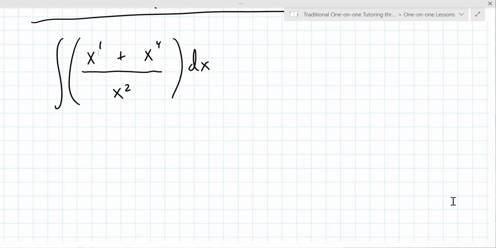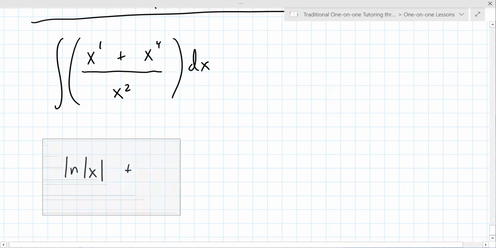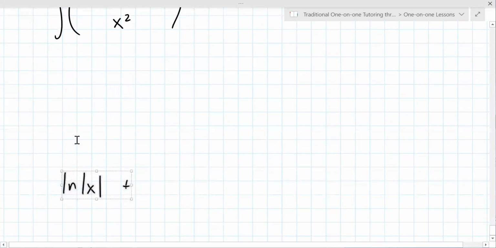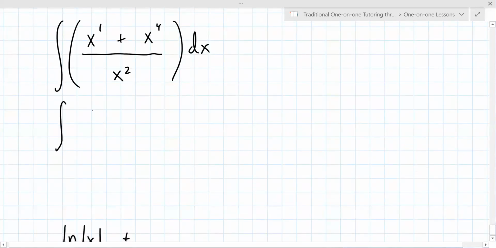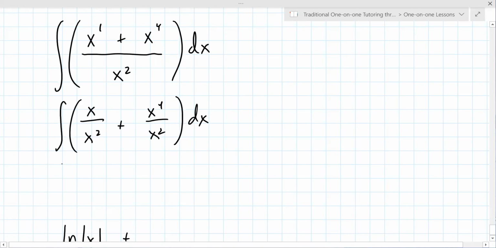So it's going to be natural log of absolute value of x plus x squared plus c. Well, you did part of it right. So again, I have to keep asking, what did you rewrite this as? X over x squared plus x to the 4th over x squared. And then did you simplify?